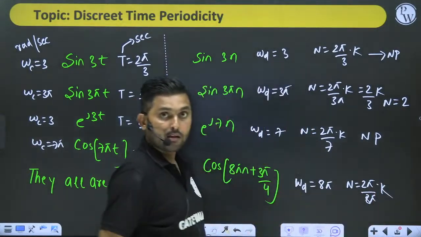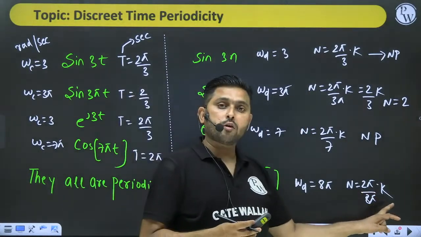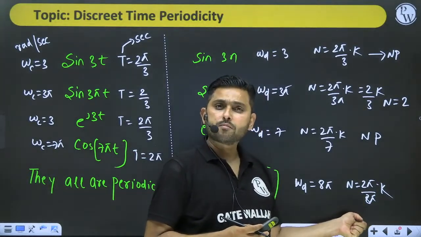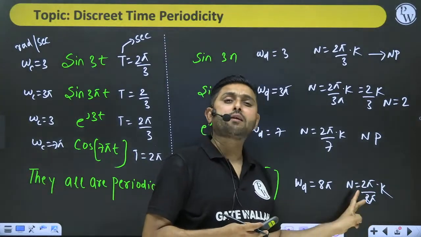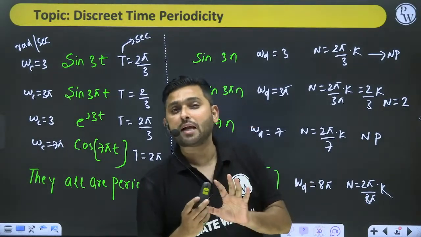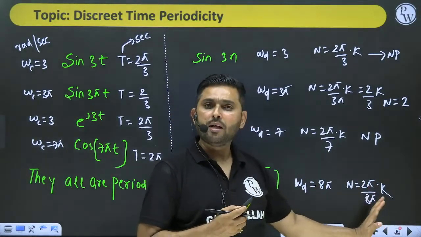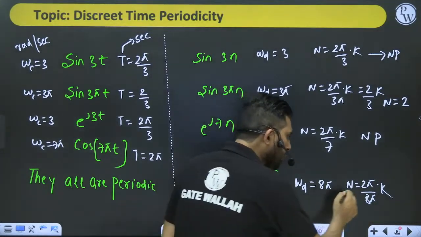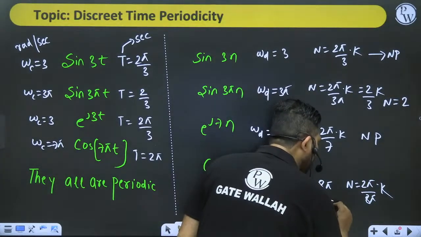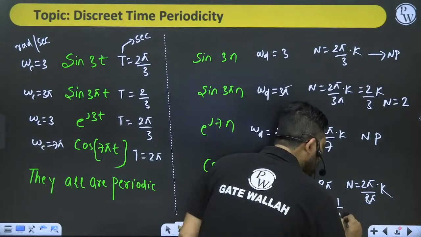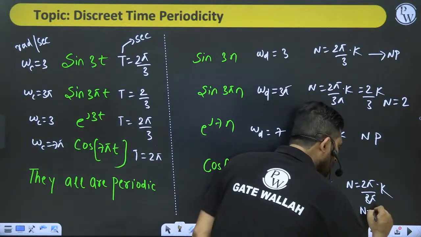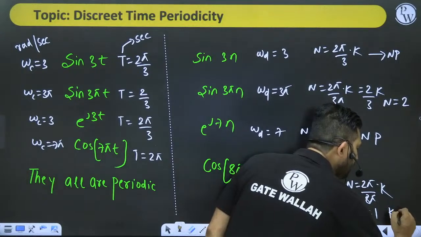Mind it, before choosing the values of k, it should be in a pure rational form. What is the meaning of pure rational form? There should be no common factor between them. So you have to remove the common factor. Again with the same fact, 1 by 4 times k, and hence n is equal to 1 for k equal to 4.